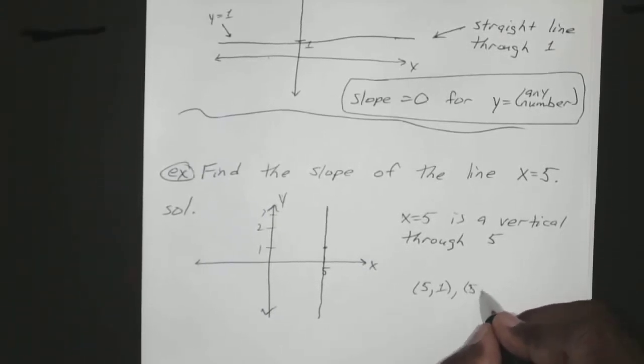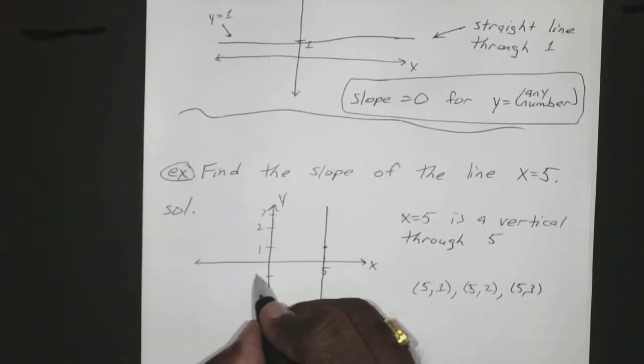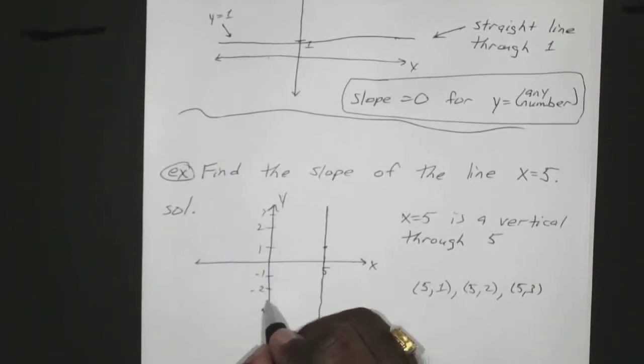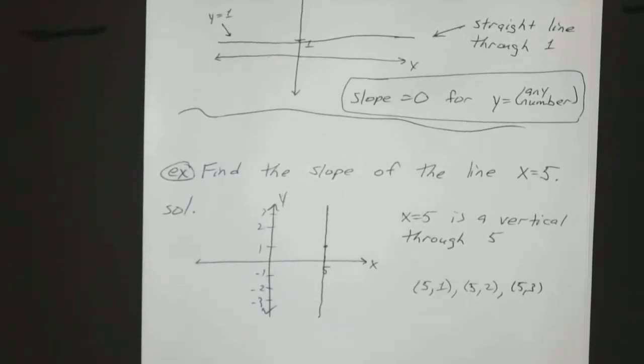When x equals 5, y is equal to 2. When x is equal to 5, y can be equal to 3, or you can go -1, -2, -3. When x is equal to any number, then your y can be any other number because it's just straight up and down.